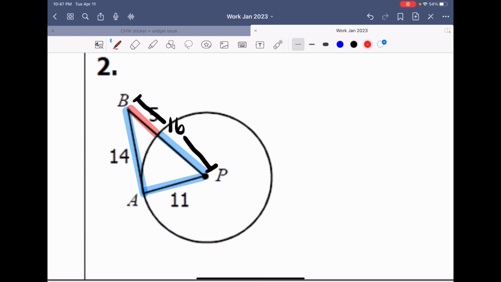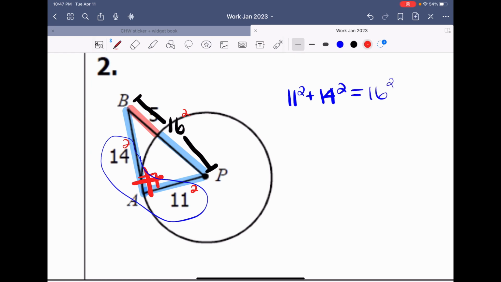All right. The right triangle would be over here. That's where the plus sign goes. We got to square them all. And you are adding the 14 and the 11. So 11 squared plus 14 squared equals 16 squared. And you're just checking if that's true or false. Okay, 11 times 11, I know that's 121. 14 times 14, I don't know what that is. We get 196.